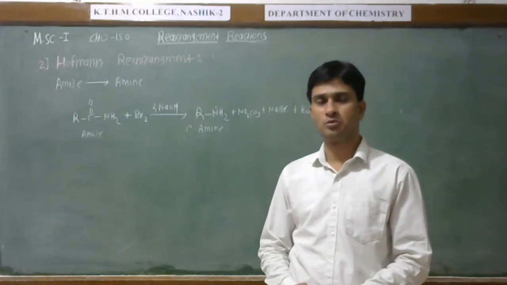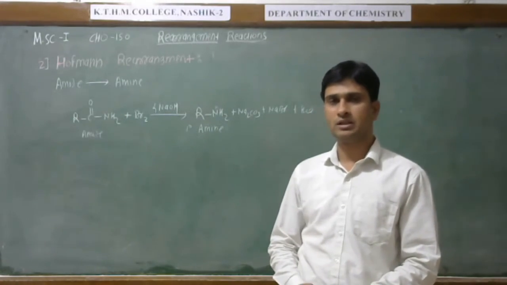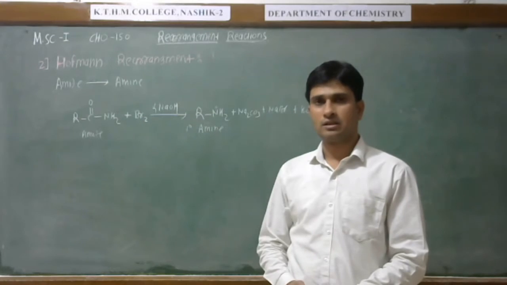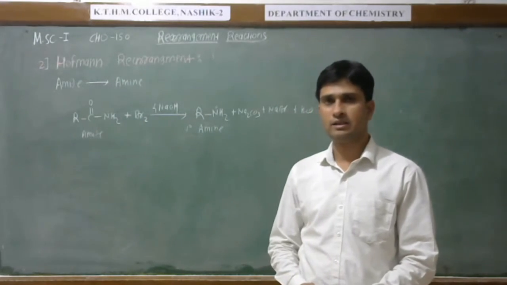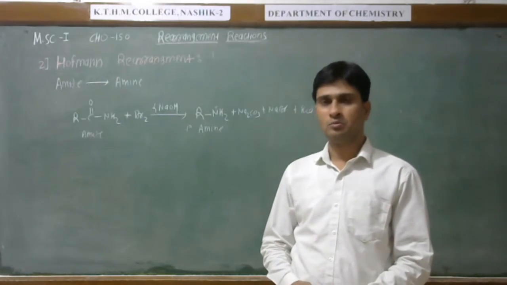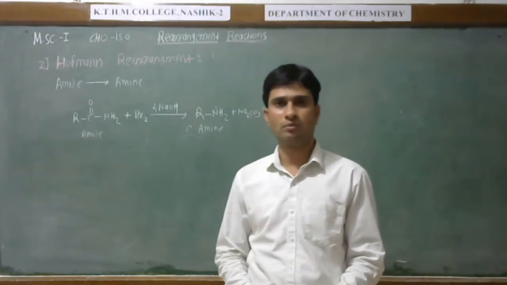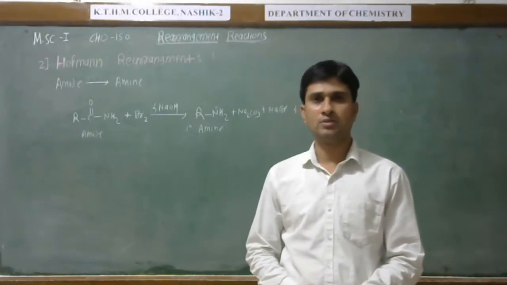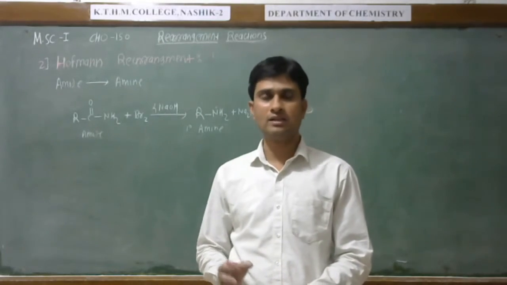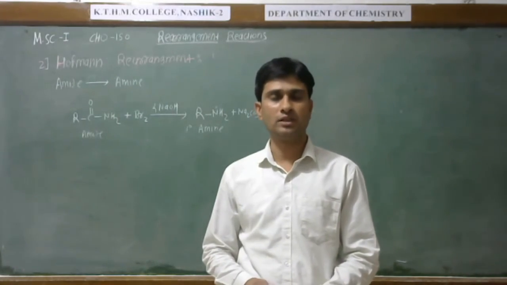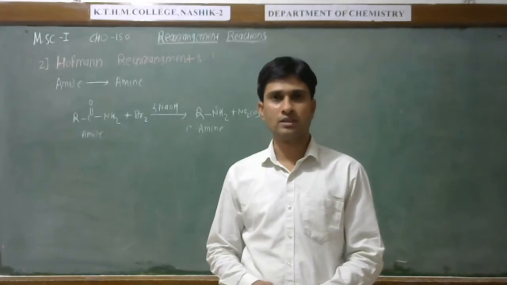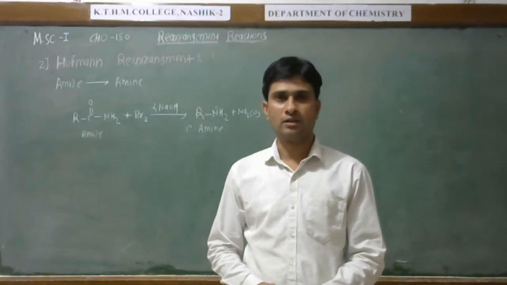NaOBr is hypobromous acid. When it reacts with the amide, there is firstly a bromination, and then when the bromine is removed, there is formation of an isocyanate intermediate, and this unstable isocyanate intermediate in the presence of a strong base gives us the amine.